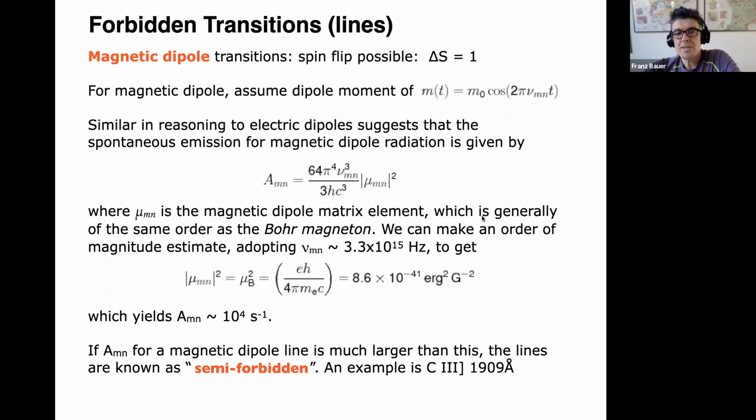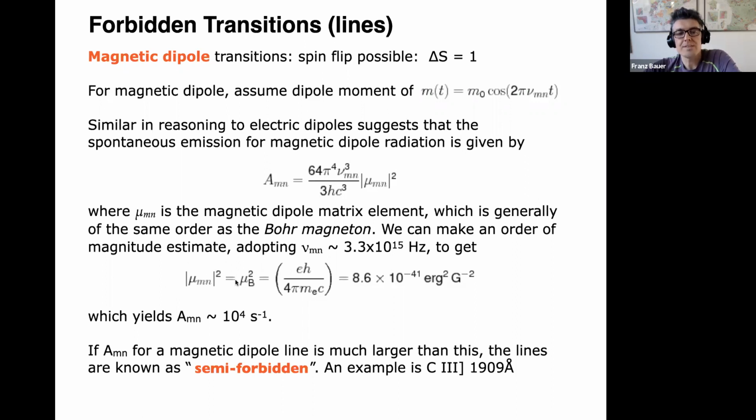And typically this thing is of the same order as the Bohr magneton. And so we can get an order of magnitude estimate here. If we adopt a frequency in the optical range, so 3 times 10 to the 15 or so, or I guess this is a little bit into UV, and then we have the square of our dipole moment.